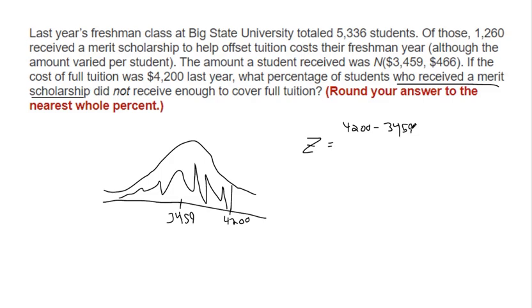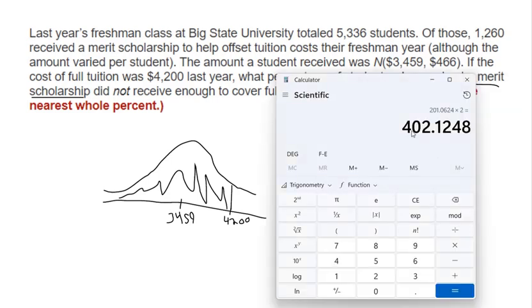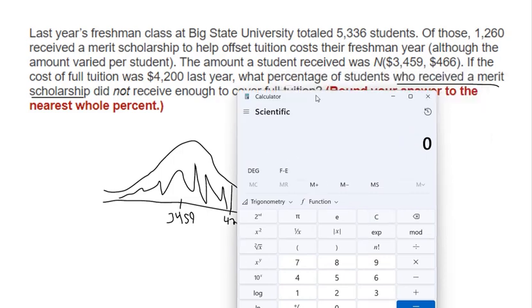And then you divide it by the standard deviation. And the reason why we want to calculate a z-score is because we can use a converter to change a z-score to a percentage.